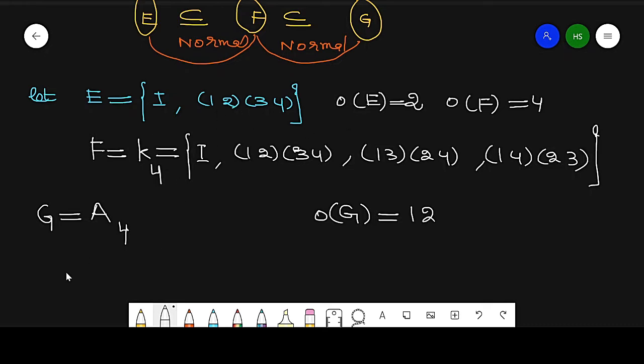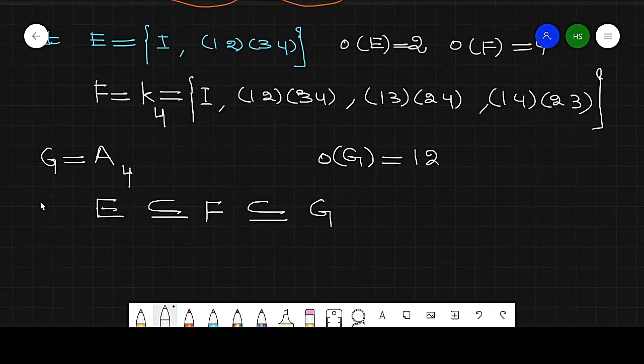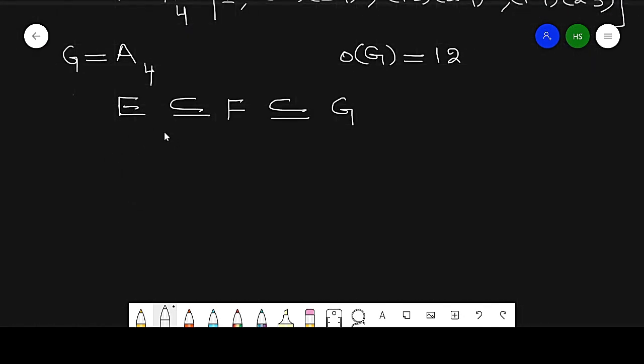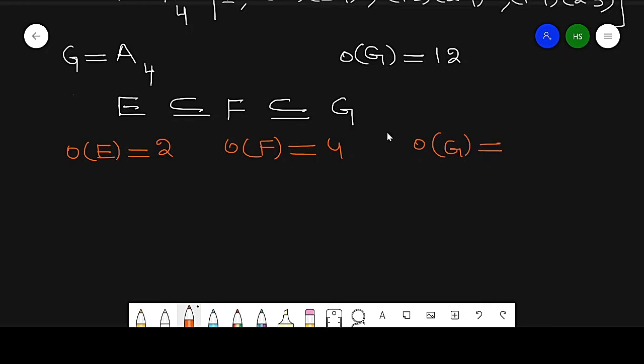Now first see that E is a part of F and F is a part of G. So E is a subset of F, F is a subset of G. The order of E is 2, the order of F is 4, and the order of G is 12.